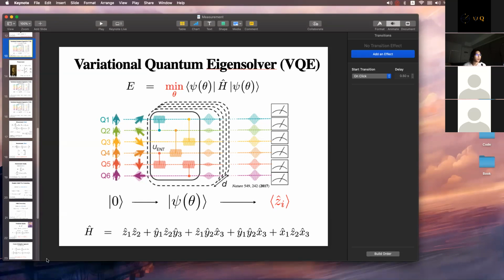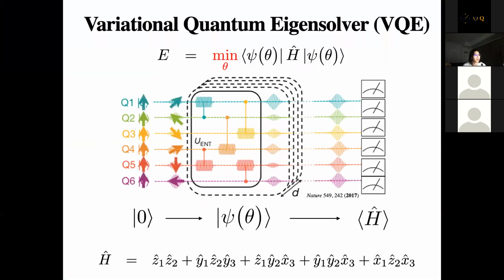Okay, so with this example, you're trying to measure this entire Hamiltonian with some Z, Y, and X, right? Say you measure Z1 for the Z1 Z2 operator. You collapse the wave function, and for the first qubit, you will always have either the 0 or the 1 state.